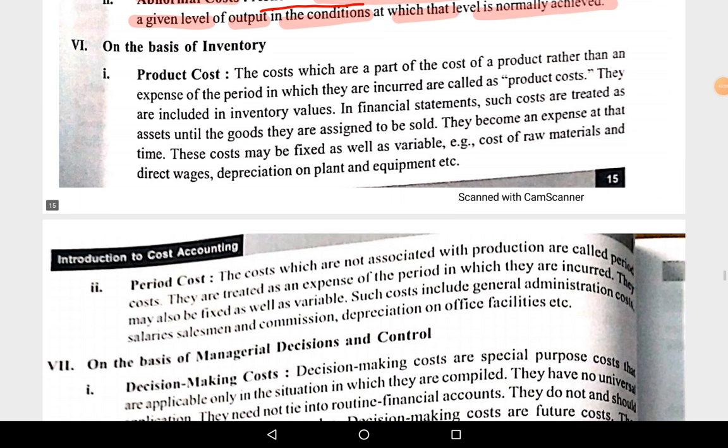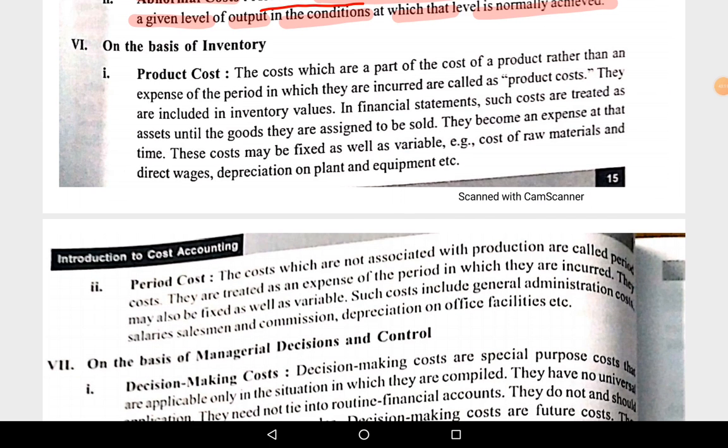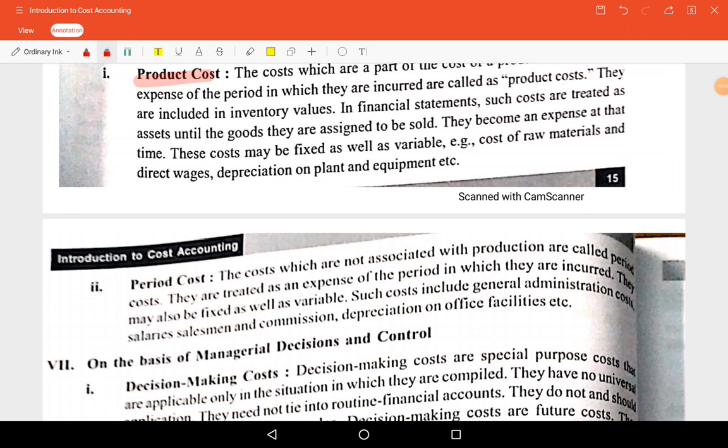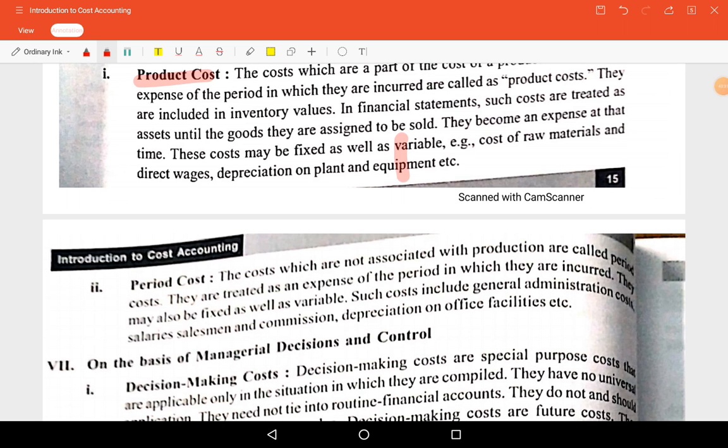One is product cost, another one period cost. Product cost is the cost of producing a product.